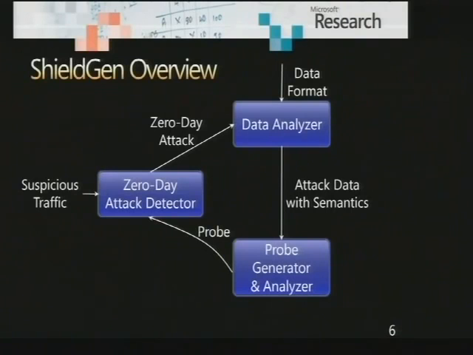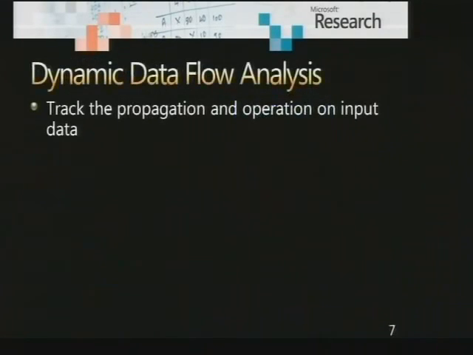The probe generator and analyzer will construct new attack instances, the probes, based on the semantics and the original attack instance. It sends them to the zero-day attack detector. The zero-day attack detector will say whether this probe is successful, meaning it exploits the vulnerability or not. We do this back and forth based on the previous probes until we can generate a data patch. For the zero-day attack detector, actually anything that can detect attacks can be used here.